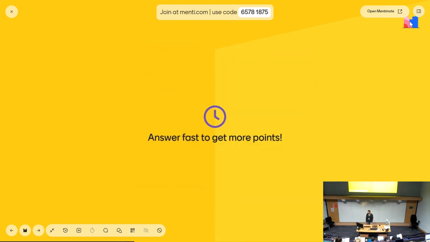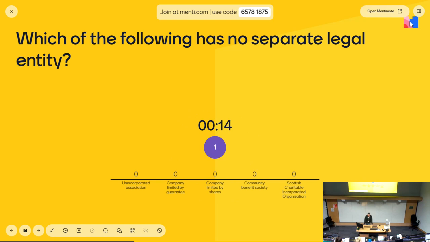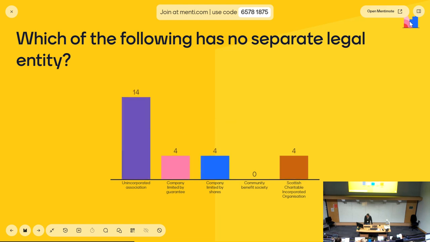Question 3. Which of the following has no separate legal entity? Yeah, the unincorporated association. Good.